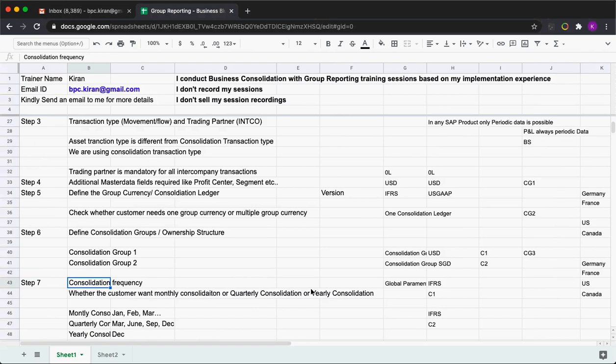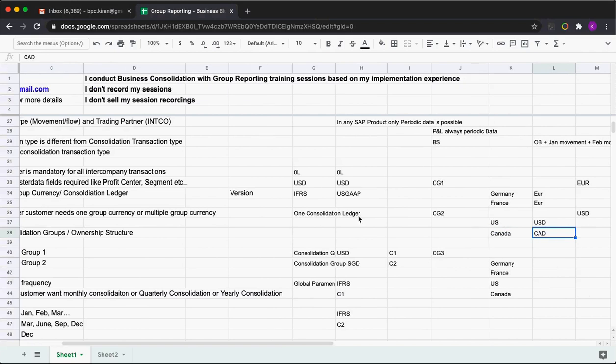Now the next thing is, here you define the ownership structure also. Ownership structure in the sense of what the groups are. Let's say CG1, CG2, CG3, and what the entities under CG1 are, Germany and France, CG2, US and Canada, like that.